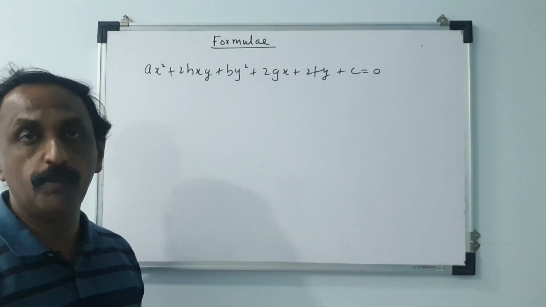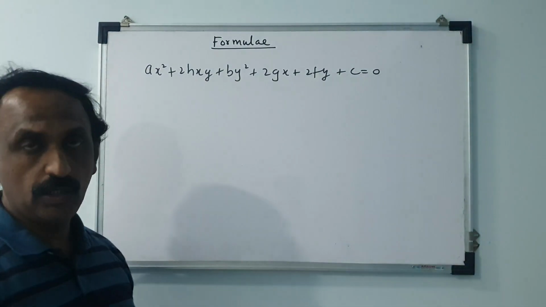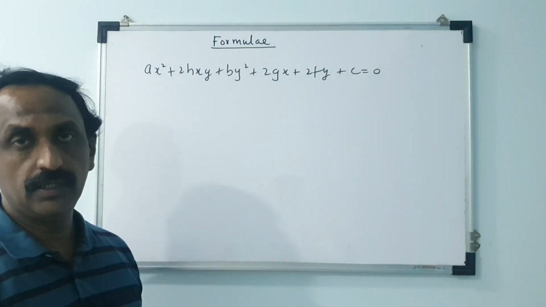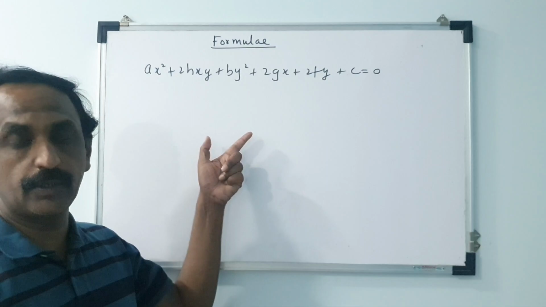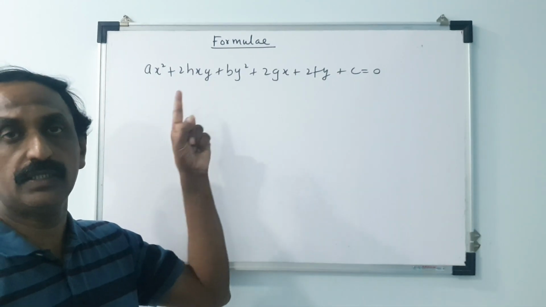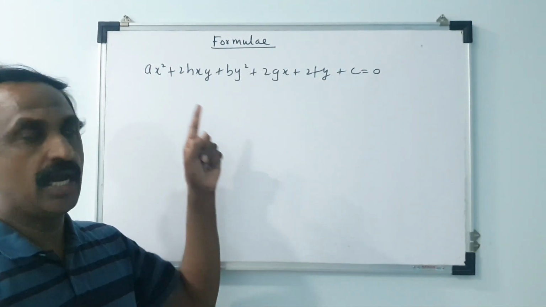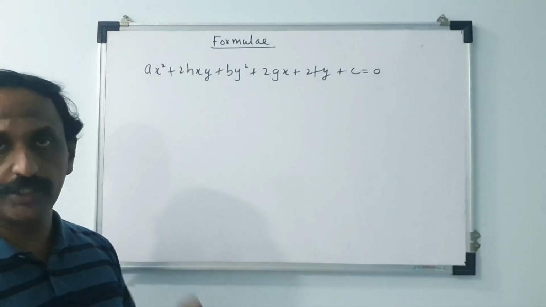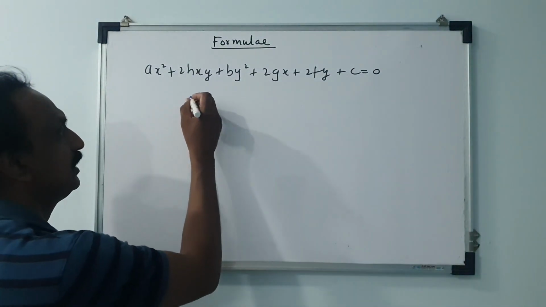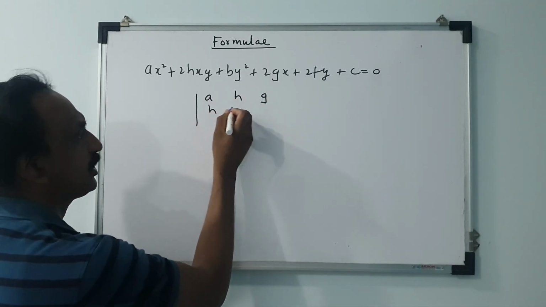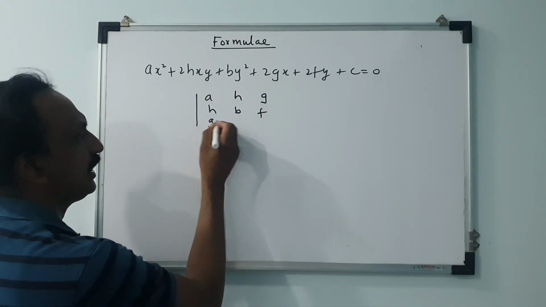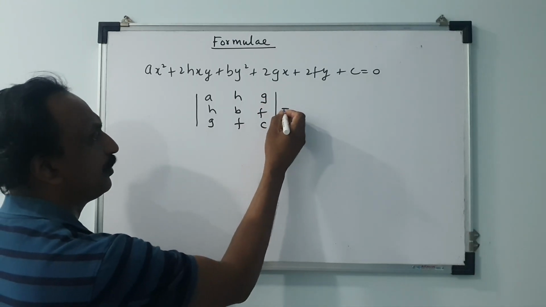Now let's come to the conclusion. This is a non-homogeneous equation. By shifting the origin, we can convert it into a homogeneous equation if this equation represents a pair of lines. And the condition for this equation to represent a pair of lines is that the determinant A, H, G, H, B, F, G, F, C should be 0.